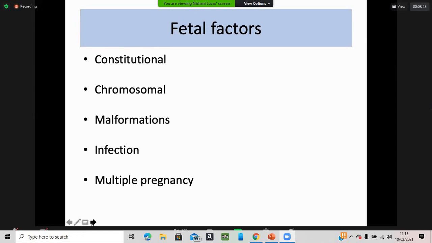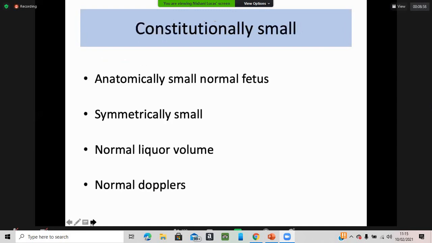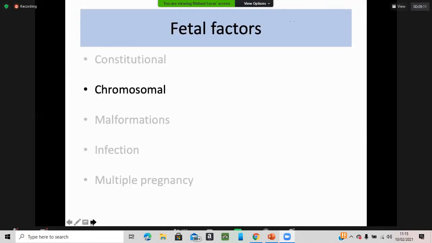There can be malformations, infections, and also if there are multiple pregnancies, each fetus becomes smaller because there will be limited space in the uterus. Constitutionally small babies are anatomically small, have normal liquor volume and normal Dopplers, and will have a good outcome, right? So that's the normal group of babies we talked about earlier.